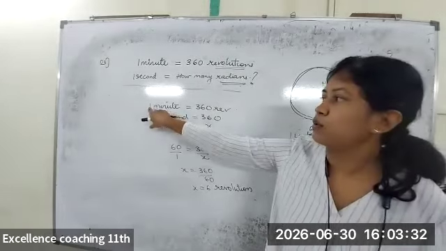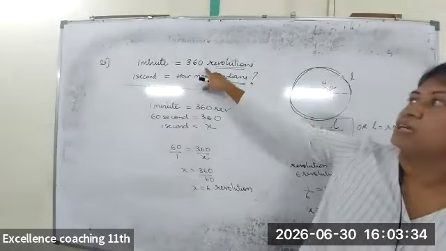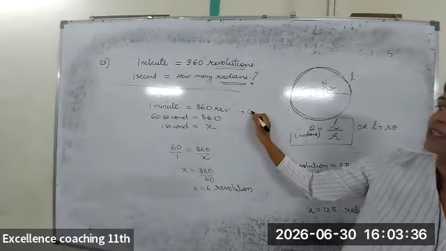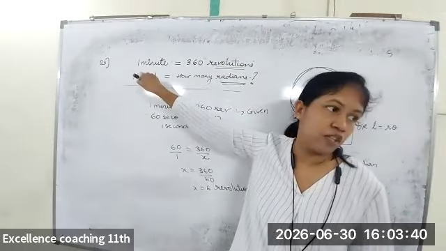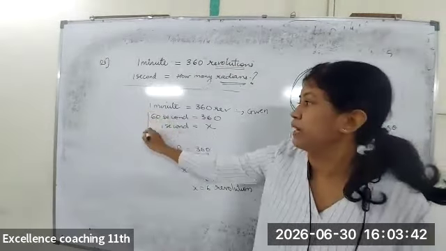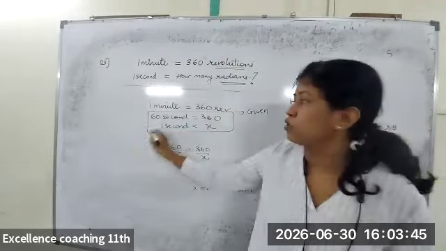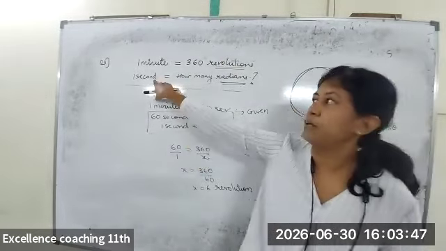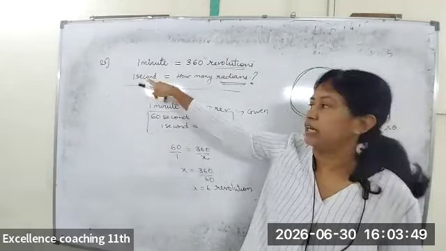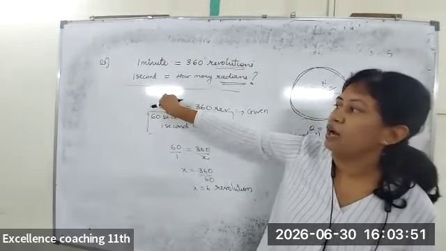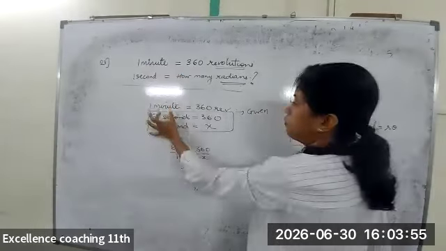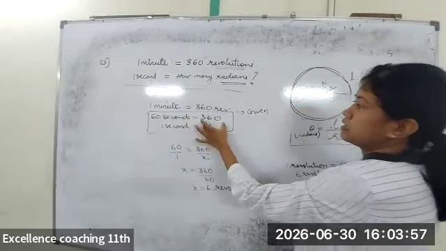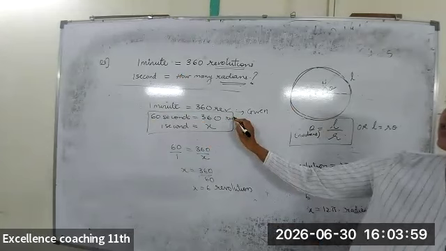The answer asked is in terms of seconds, so instead of minute, I've written 60 seconds is equal to 360 revolutions.